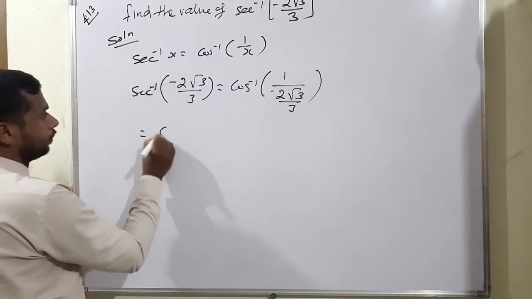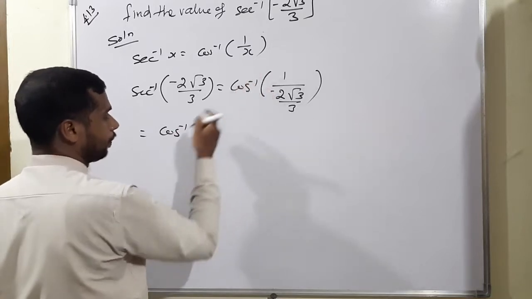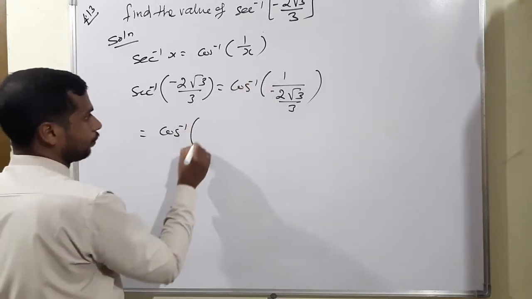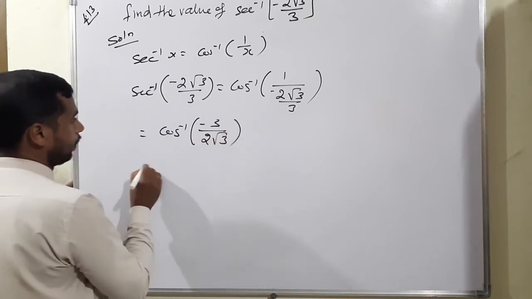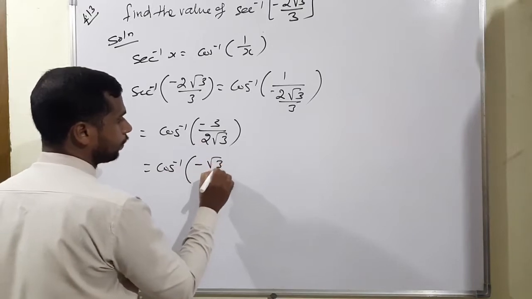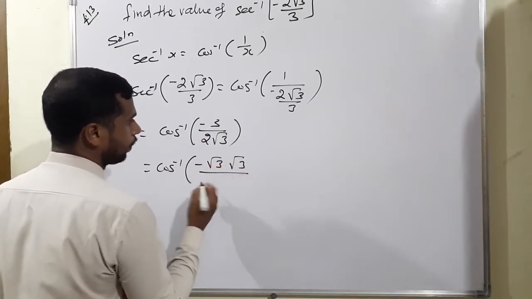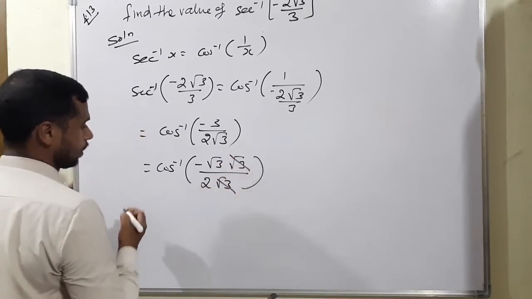Now, cos inverse, reciprocal means 3 comes out as the numerator, isn't it? Therefore minus 3 divided by 2 root 3. Again cos inverse, instead of 3 we can write minus root 3 into root 3 divided by 2 root 3. Again root 3 cancels.